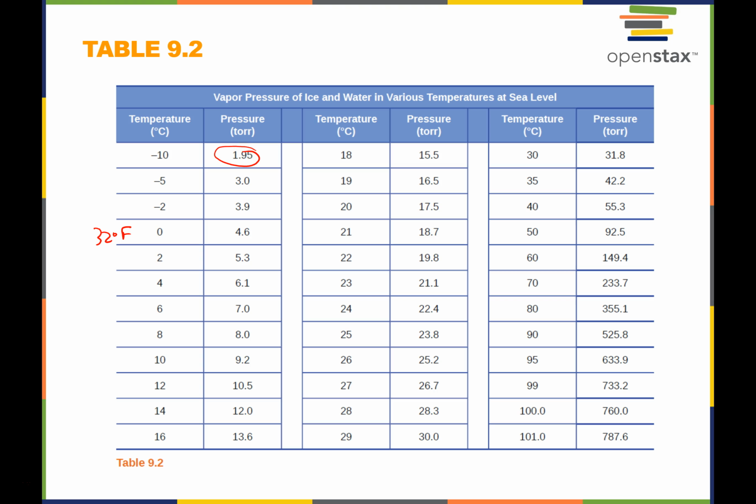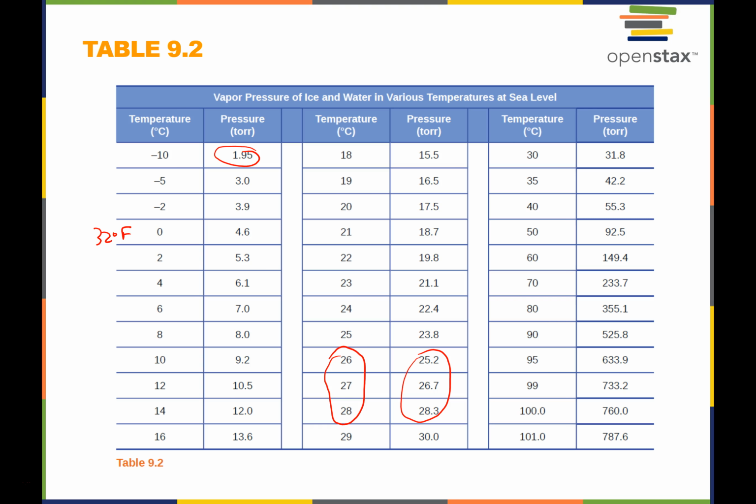The air is so dry. That's why when our furnaces run and suck in that cold air, it is dry as a bone, and our houses become dry. In the summertime, we're probably up here, 27, 28, 29 degrees Celsius, and notice that the equilibrium vapor pressure of water is a lot higher.